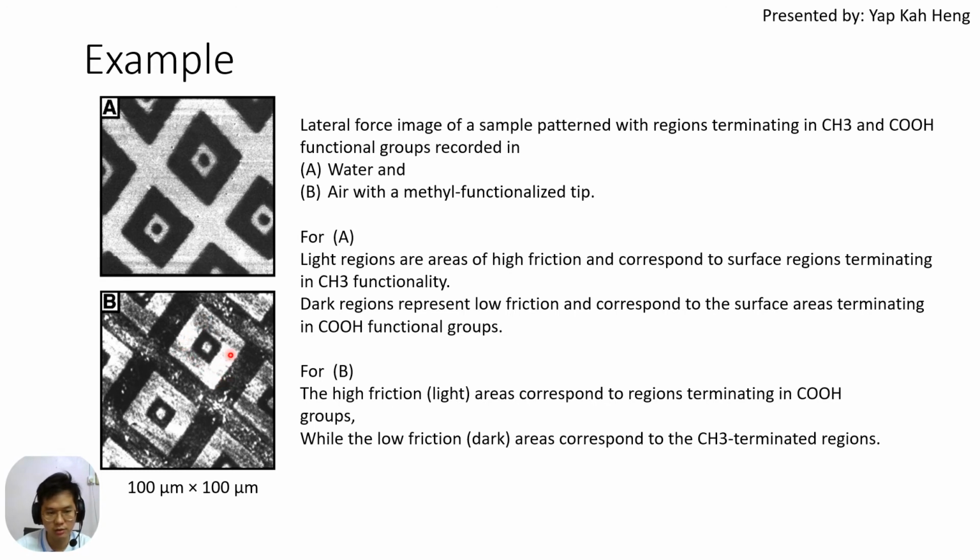So it's totally different from the water example, where the light region is terminating CH3, but in A with the functionalized tip it is terminating in COH. So in figure B, the dark region represents the low friction as well, but it is terminating in the CH3 region.